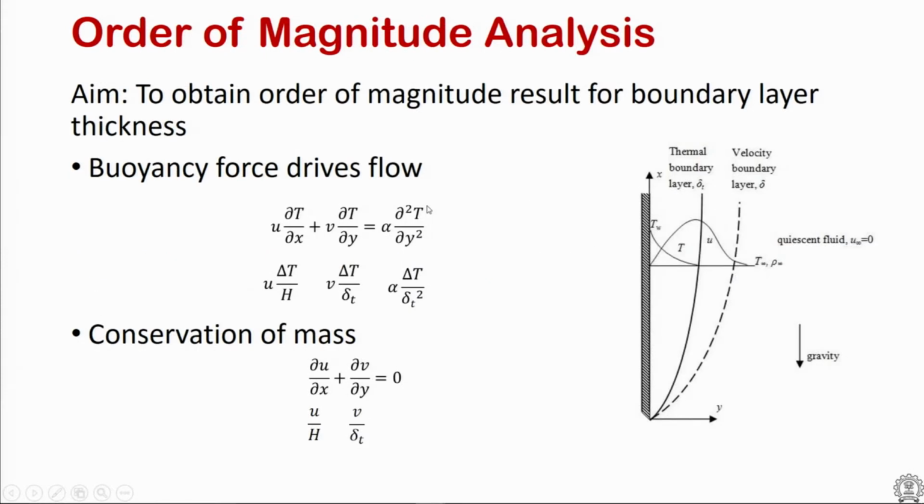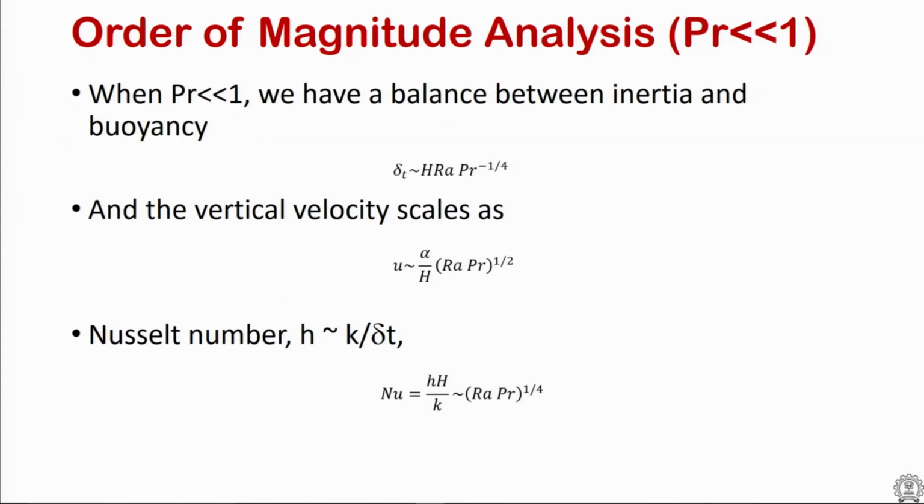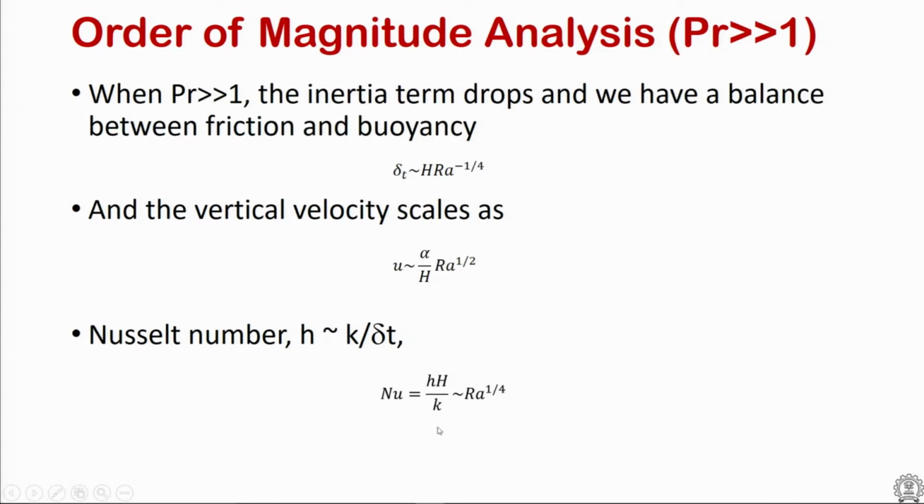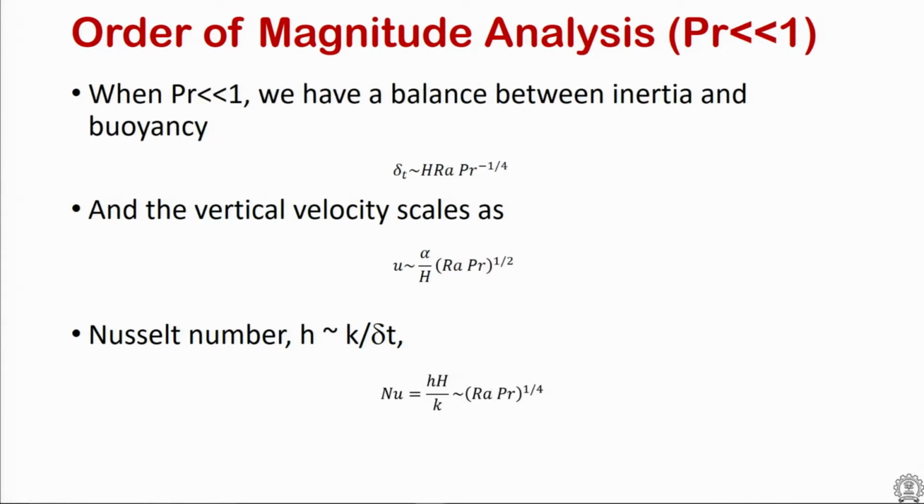If you do an order of magnitude analysis using the boundary layer thicknesses, then for Prandtl number much greater than 1, one gets Rayleigh raised to the power 1/4, that is 0.25. If the Prandtl number is much less than 1, which is the liquid metal flow situation, and you are looking at natural convection in liquid metal flows, then it has the same power of 0.25, but the Rayleigh number is multiplied by the Prandtl number.